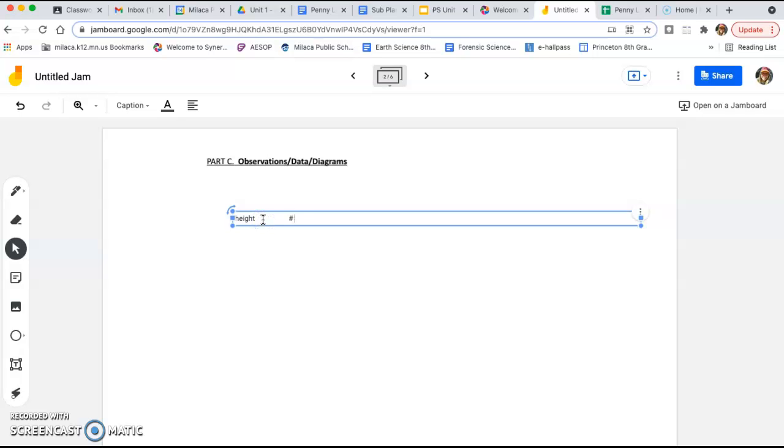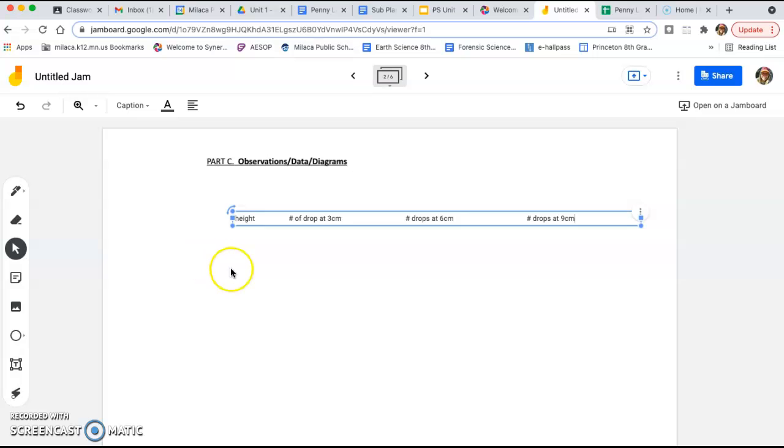The number of drops held on the penny at 3 centimeters, the number of drops held on the penny at 6 centimeters, and also the number of drops held on the penny at 9 centimeters.